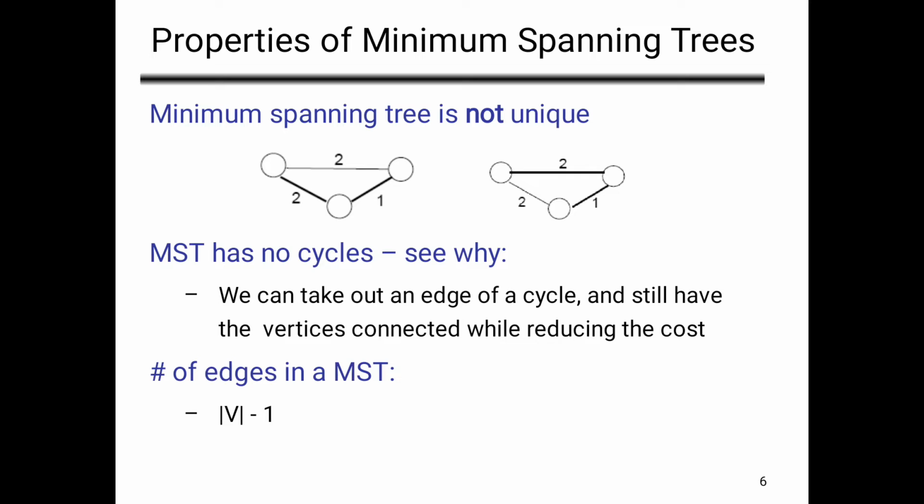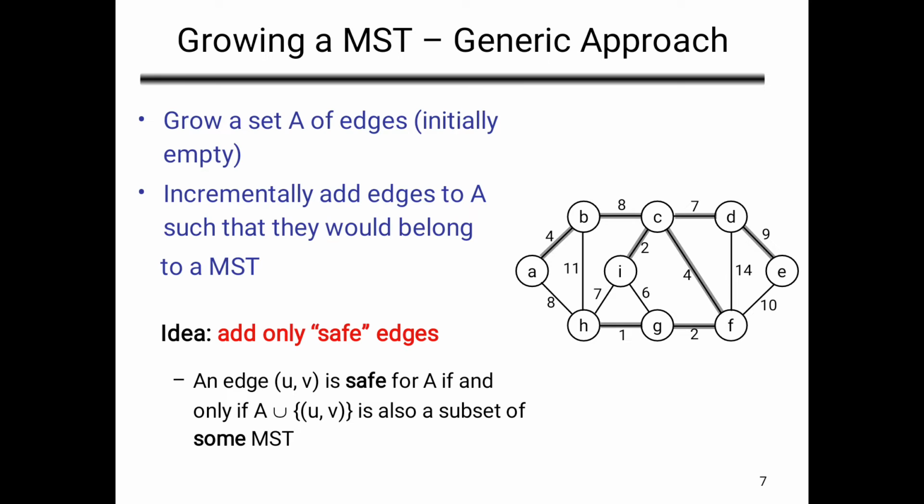We can take out an edge of a cycle and still have the vertices connected, reducing the cost, to V minus 1 edges, and draw a set A of edges. Initially in the diagram, A is the starting source part, and we grow that set by adding neighbor vertices which have low cost.